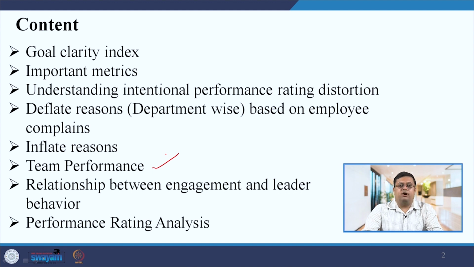These two criteria can be used to tell which department is the best in the organization. If performance ratings are very high, that may not be that reliable, but the percentage of goal achievement may be more reliable in deciding the best department.